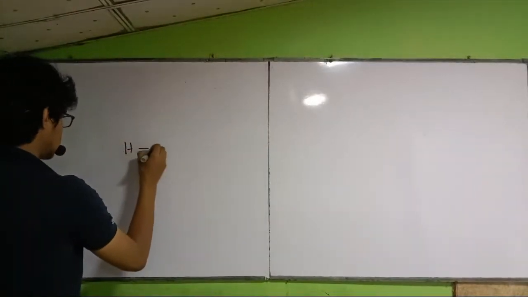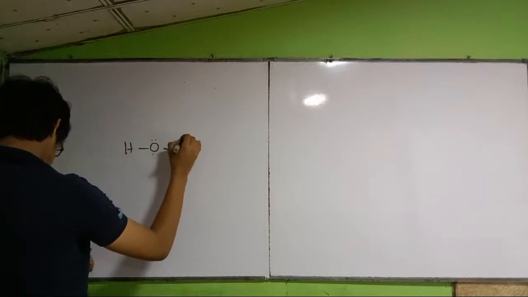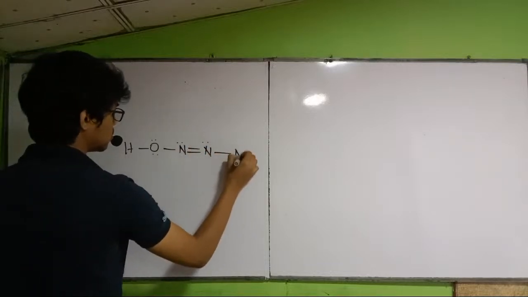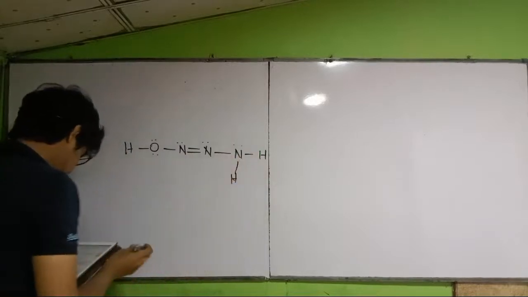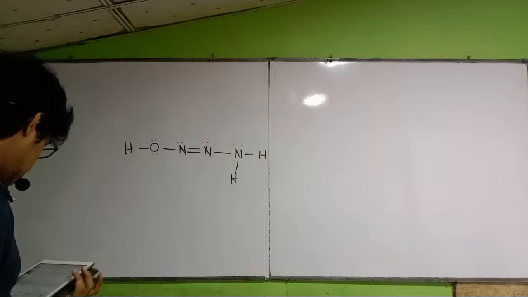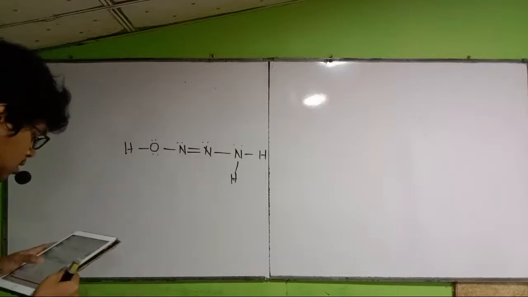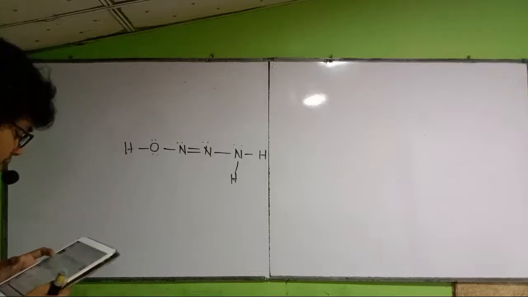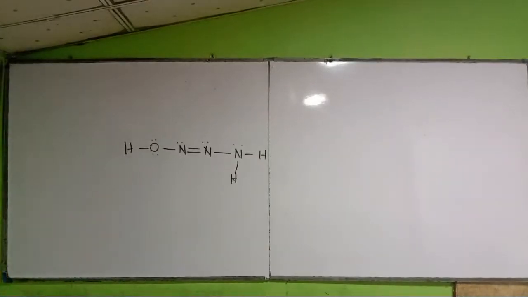H, this is the question which I'm writing, N. The most stable one is this one. Look, this is the most stable one. Draw 2 more Lewis dot dash structures or resonance structures for this molecule. Write unstable under the more unstable one.